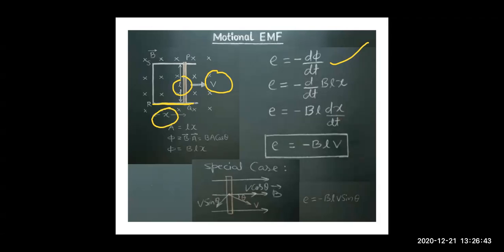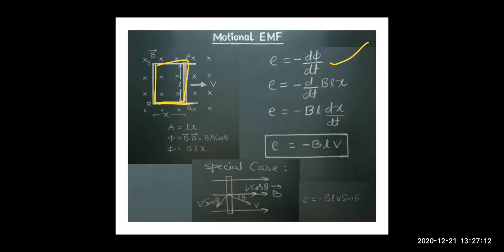Then what about the area of this loop PQRS? The area will be length into breadth, that is L into x, that is Lx, right? And we know that flux equals B dot A, that is BA cos theta, where theta is the angle between the magnetic field B and the area vector A. Suppose we consider the back face of this loop.